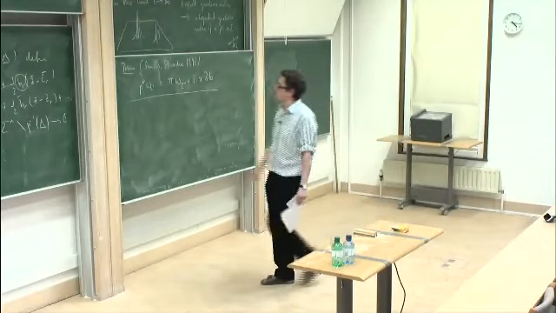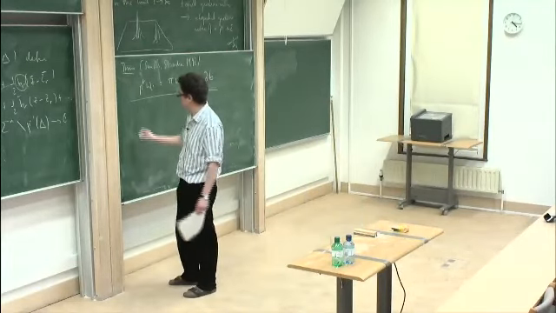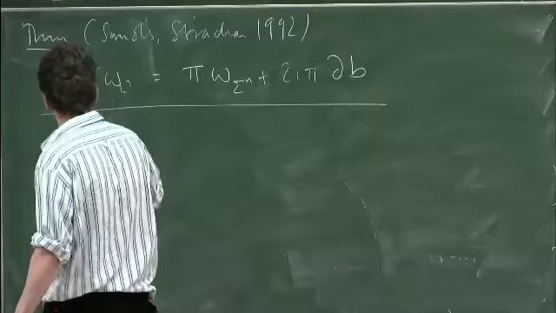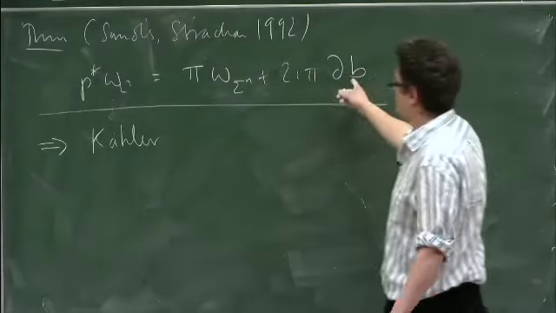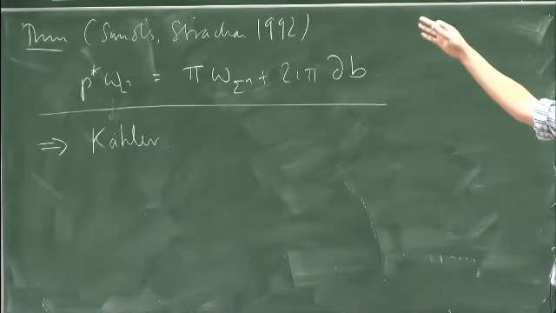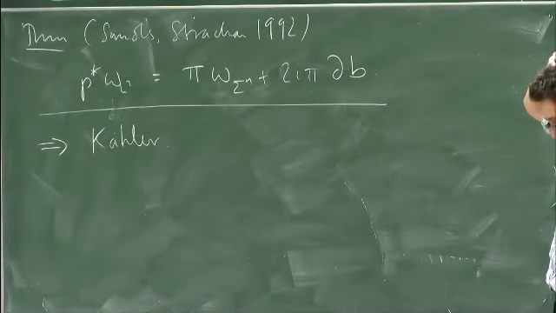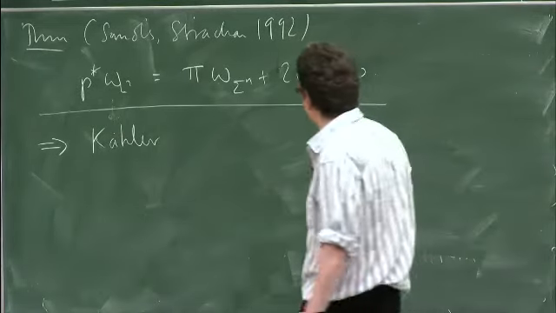So one thing that follows immediately, by the way, is that the metric is Kähler. Because this is manifestly a real form. I mean, we defined it by using a real metric.